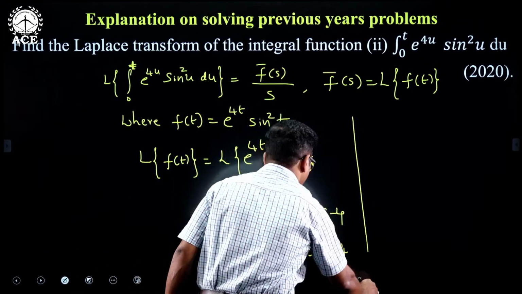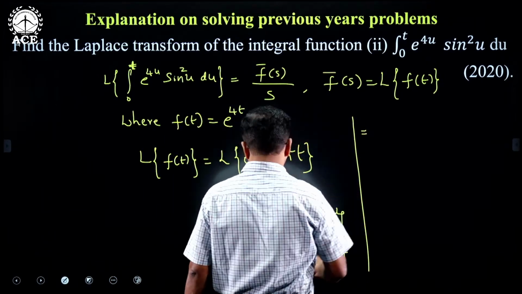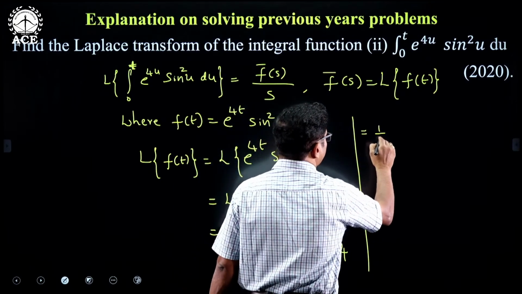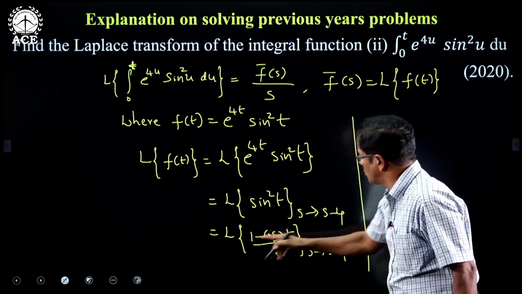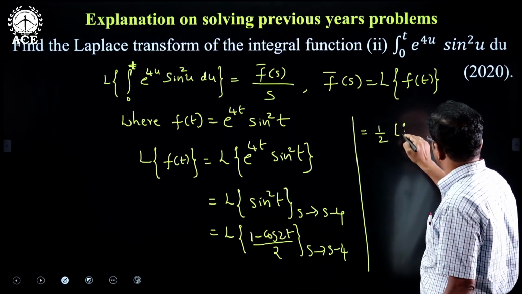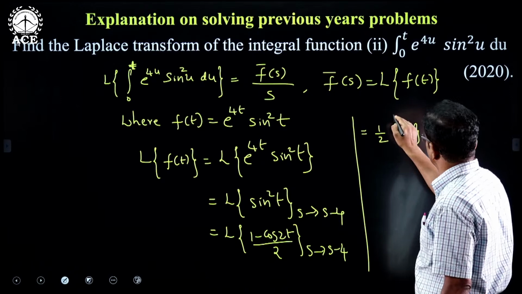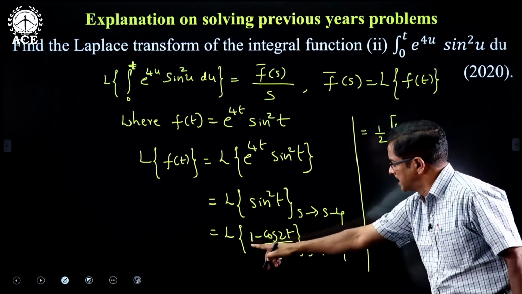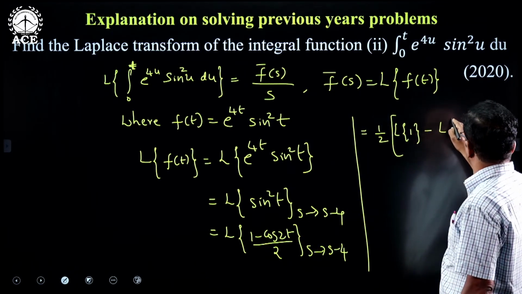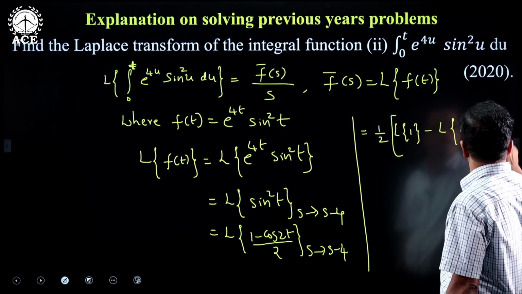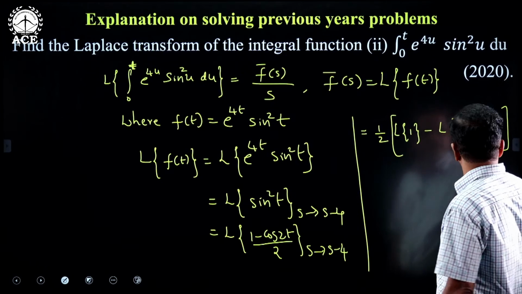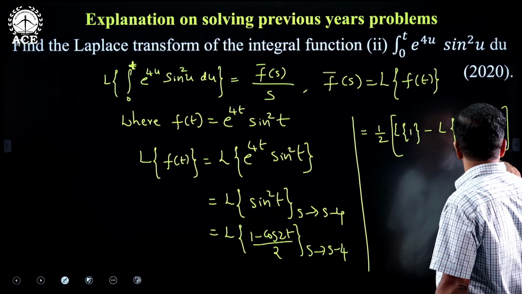So then which equals, applying the linearity property, 1 by 2 I am bringing outside, then L of 1 minus L of cos 2t, where s is shifted to s minus 4.